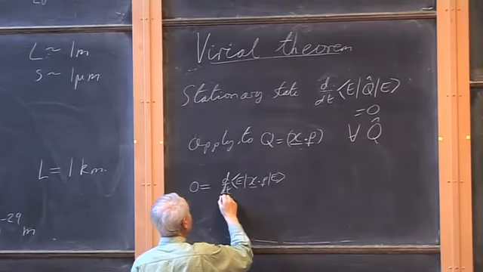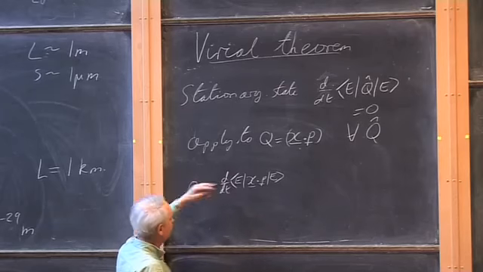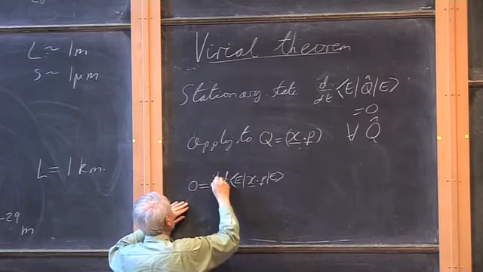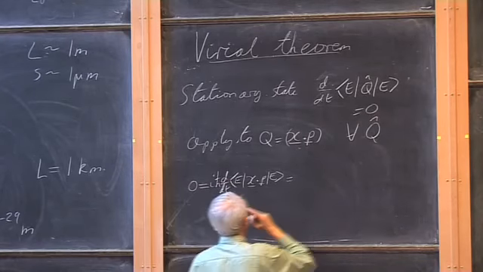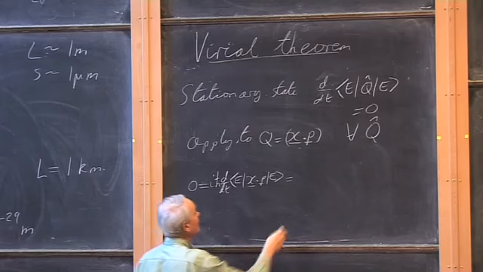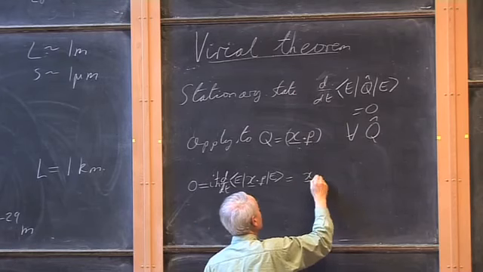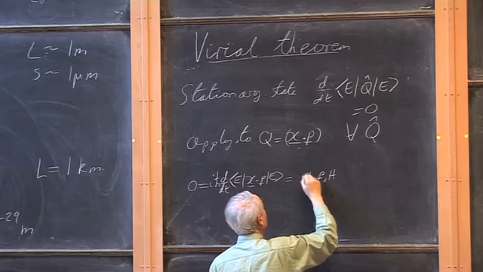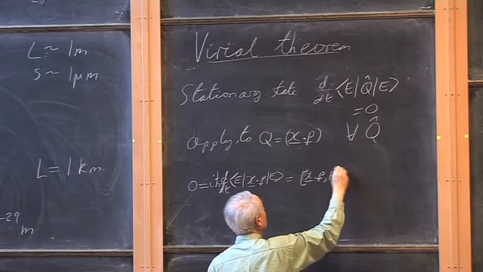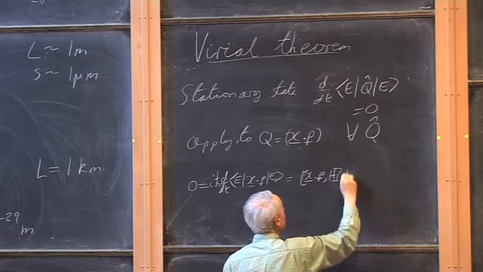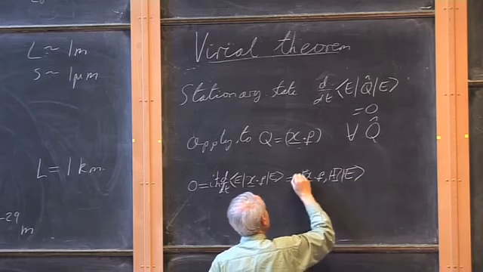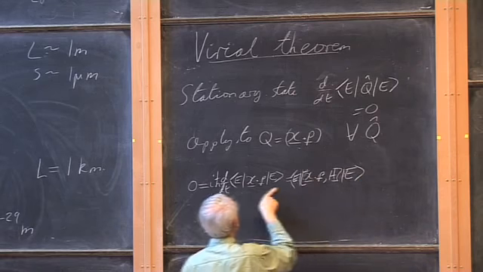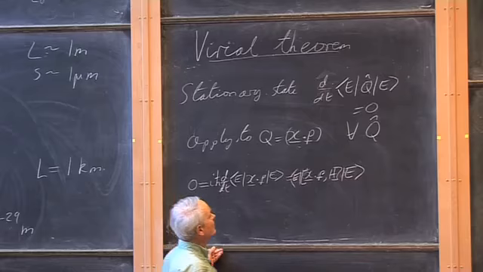Let's divide by ih bar. That, by Ehrenfest's theorem, is the expectation of the commutator of x dot p with H. So Ehrenfest's theorem tells us that this rate of change, which vanishes, is equal to this here.